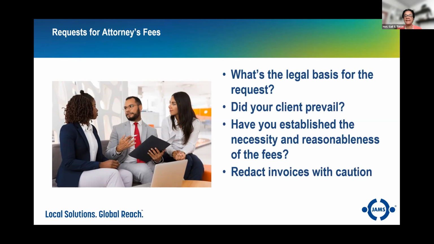But the arbitrator is going to want to feel like the attorney's fees have some proportional reasonableness, I would say, to what the ultimate recovery is.